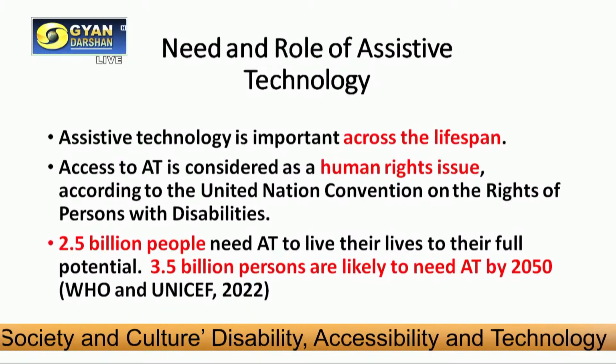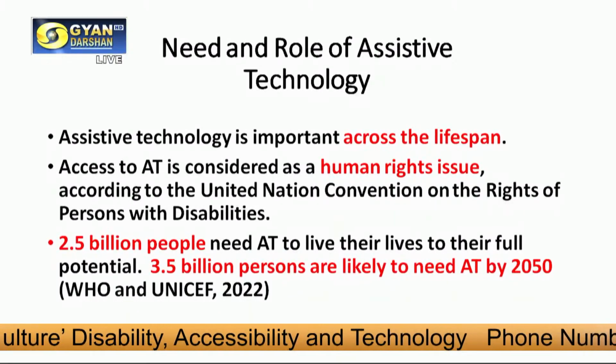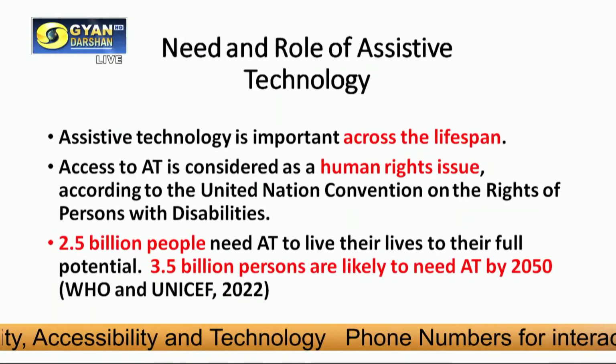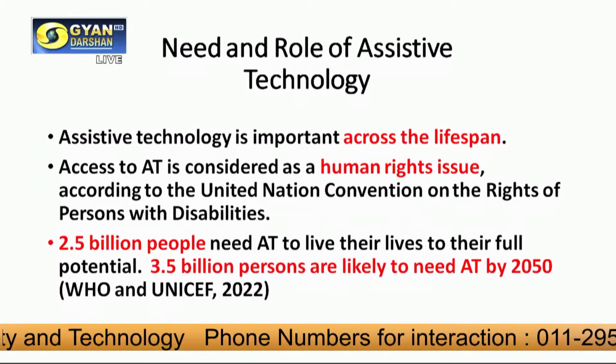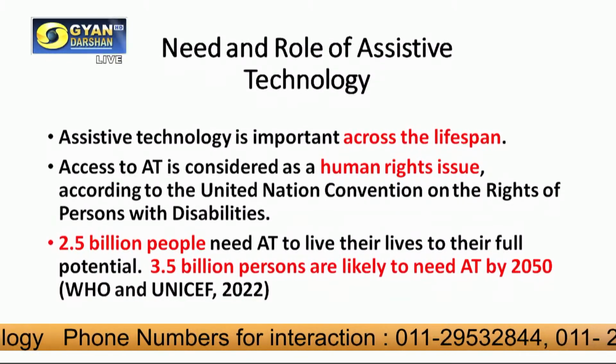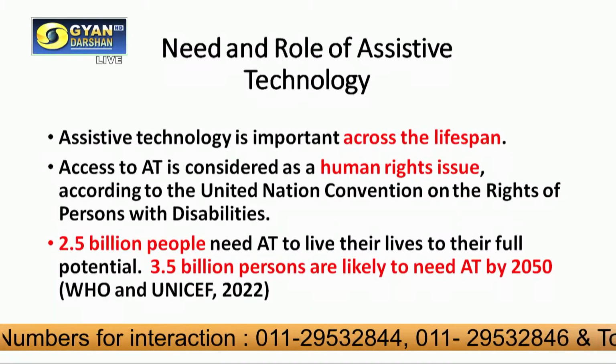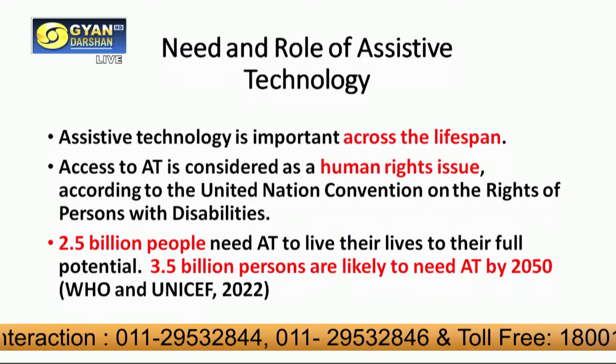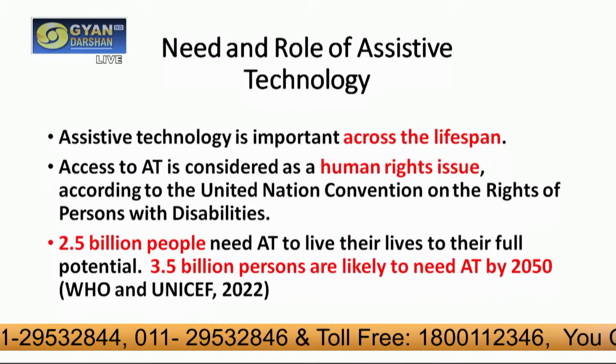Now, according to a report by the WHO and the UNICEF, 2.5 billion people need AT to live their lives to their full potential. And they estimate that by 2050, 3.5 billion persons are likely to need assistive technology.